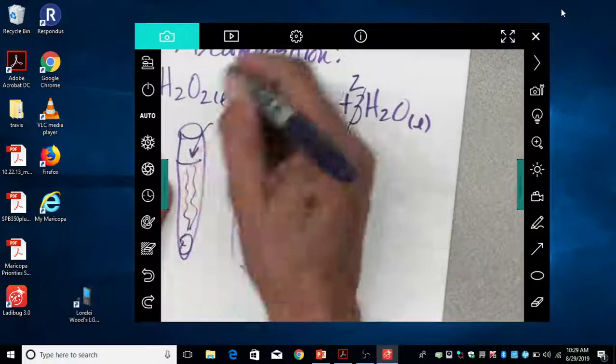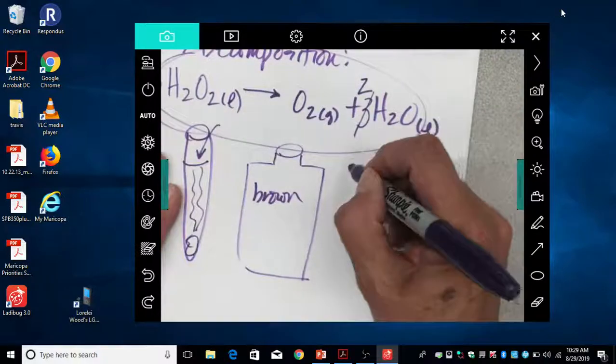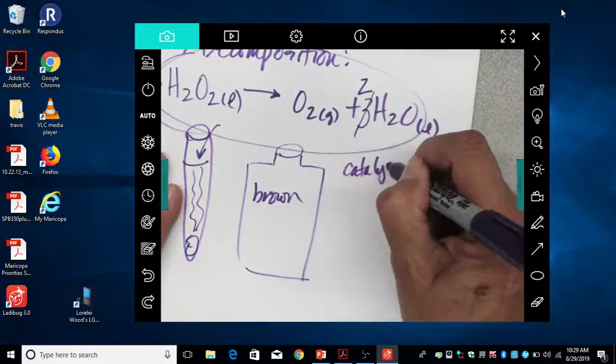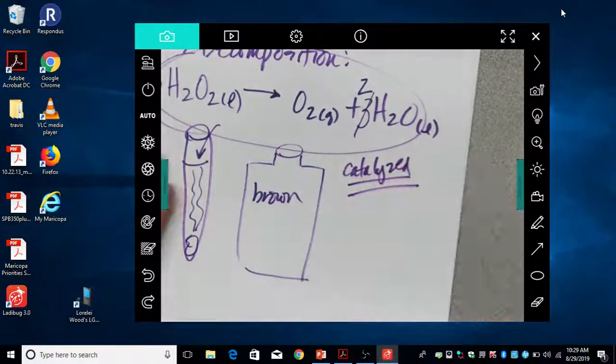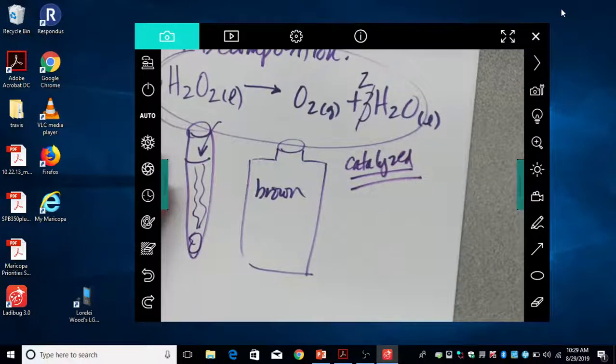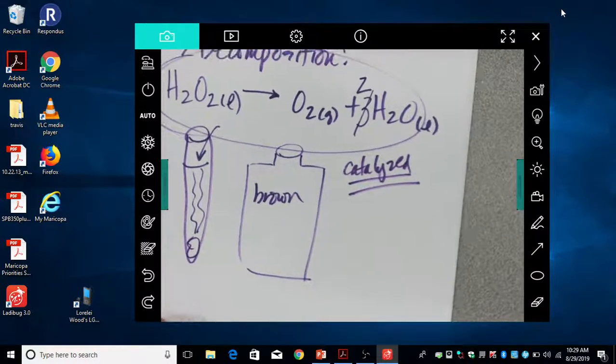Sunlight, well, this chemical reaction is catalyzed. What does that mean, catalyzed? Generally it means sped up. You can slow down chemical reactions and you still call them catalyzed, but you're just changing the rate at which they happen. Generally we're more used to thinking about them speeding up.